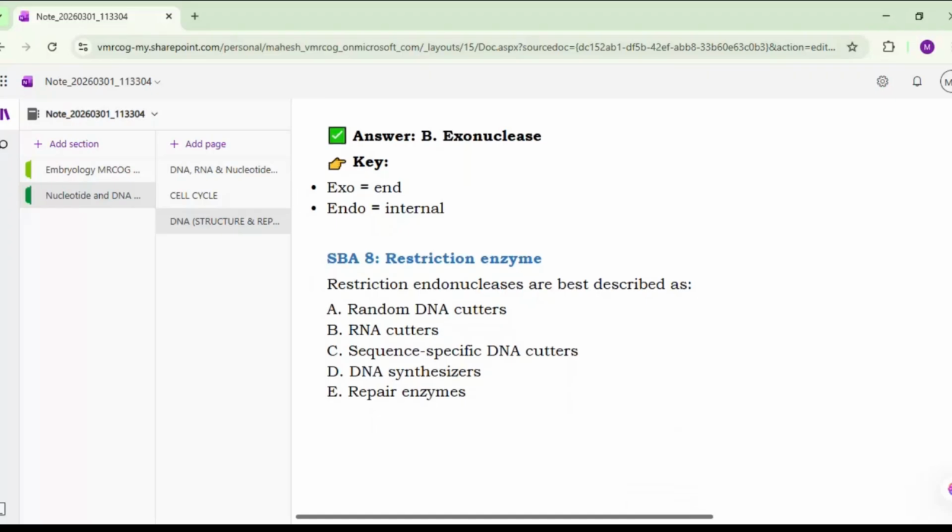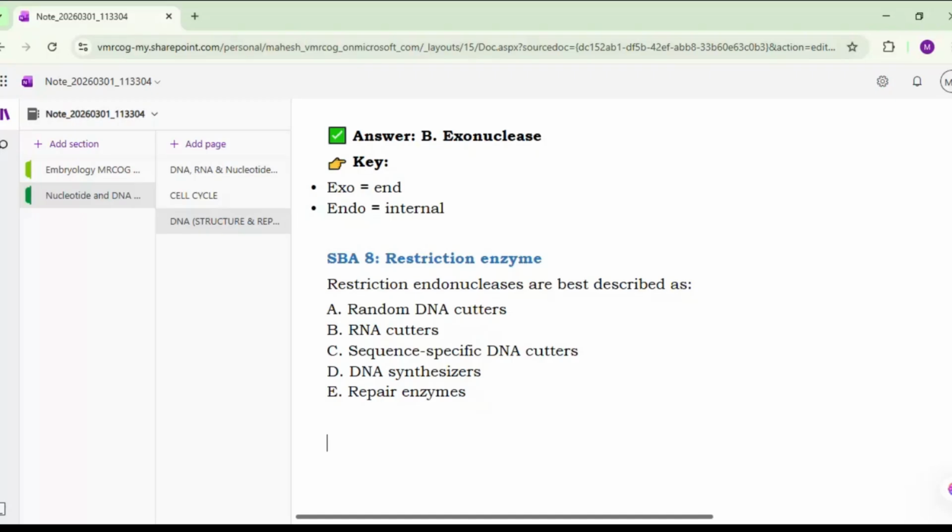Next. Restriction endonucleases are best described as random DNA cutters, RNA cutters, sequence-specific DNA cutters, DNA synthesizer, repair enzyme. Endonucleases mean they will cut inside, but what is the exact way of cutting?